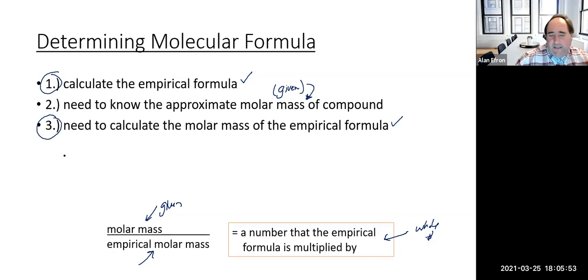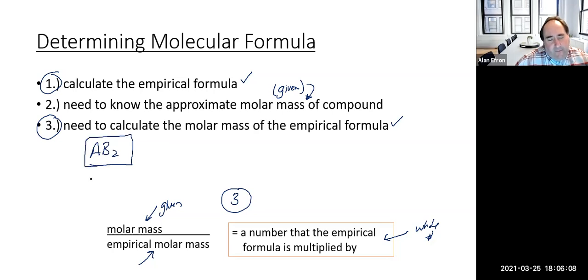So let's just say, for example, the number that you got was 3, right? So you're going to get this number. And what does that mean? Well, at this point, you will have your empirical formula. So let's just say this was your empirical formula.